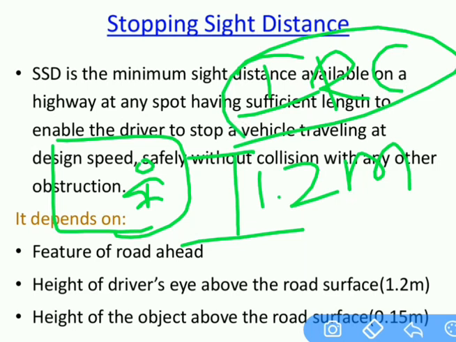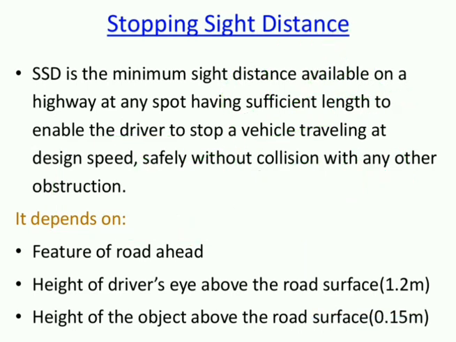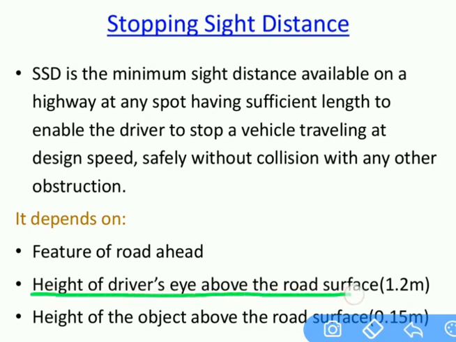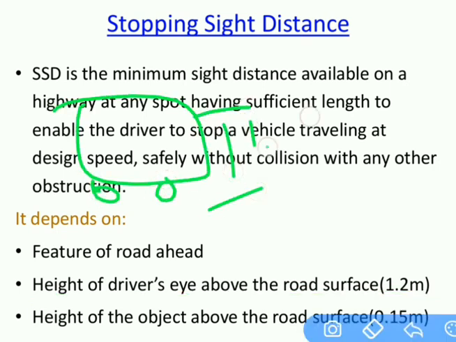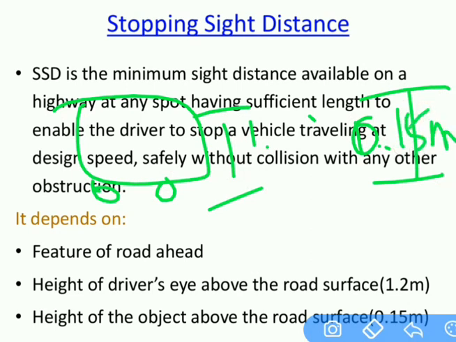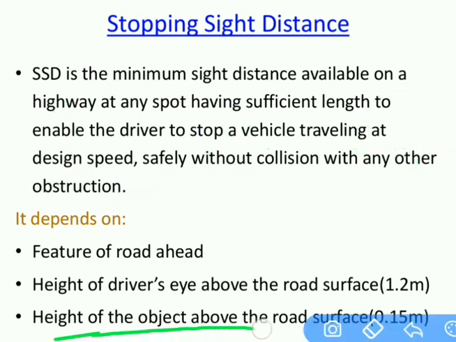The minimum sight distance is calculated only if the height of the driver's eye above the road surface is 1.2 meters, right? Next, here we have an object. At least the minimum object we have to observe is 0.15 meters high, right? So the height of the object above the road surface is 0.15 meters. In the coming picture I will show the details, right?